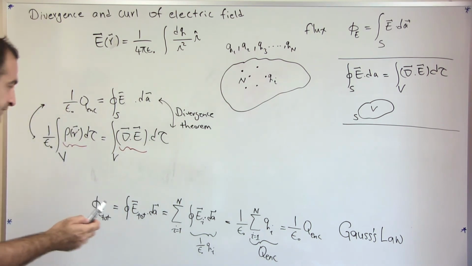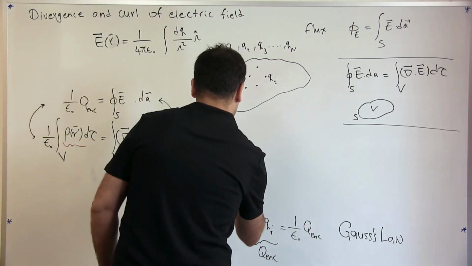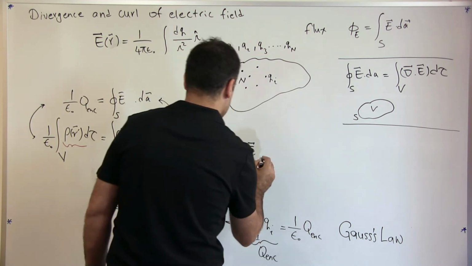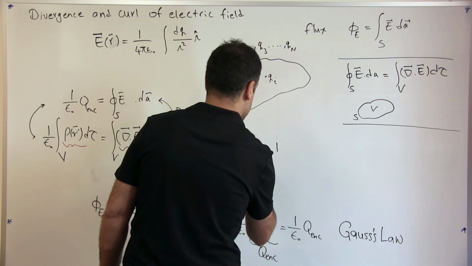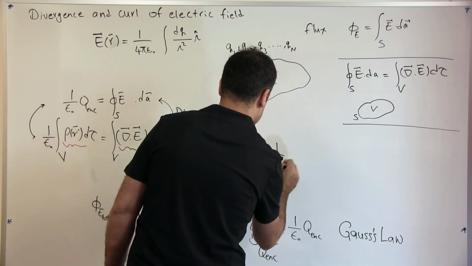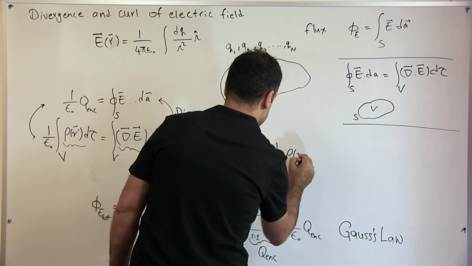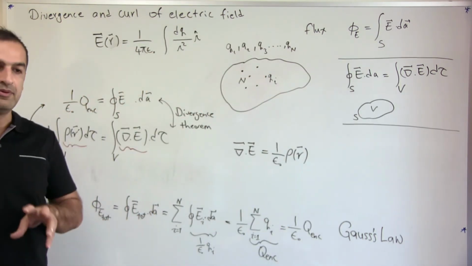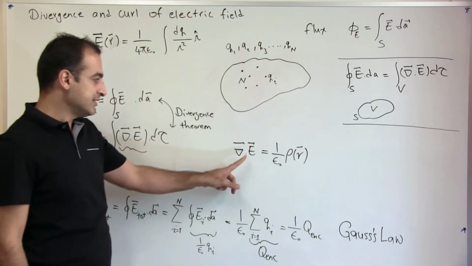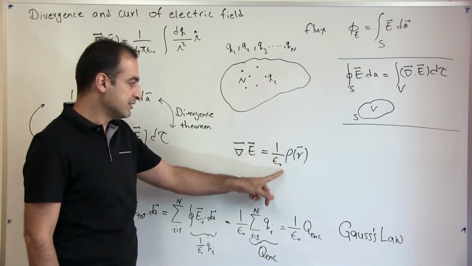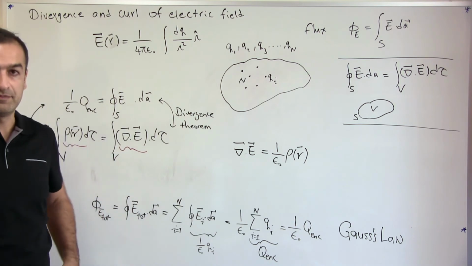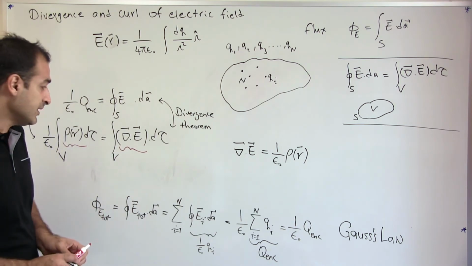If we write that, we get again the famous equation: divergence of the electric field is 1 over epsilon times rho of r. Meaning that at any point in space, the divergence of the electric field should be equal to 1 over epsilon times the charge density there.